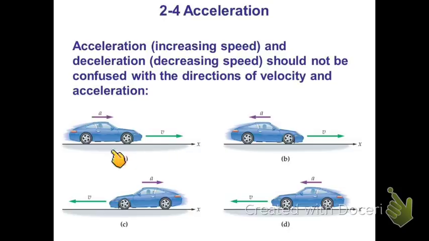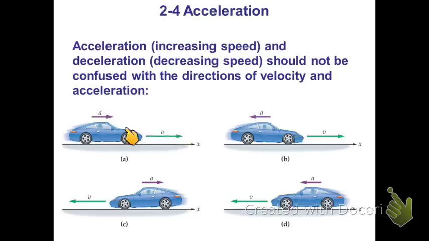Here we have the coordinate system for our one-dimensional motion, and its velocity is toward the right; this green arrow shows its direction, and the length of the arrow can be a measure of the value of the velocity.